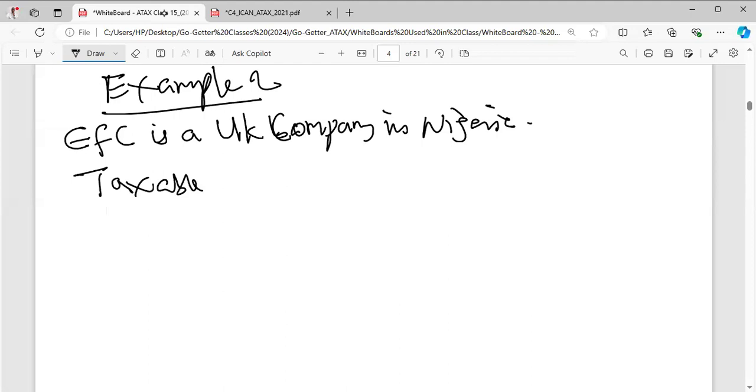Taxable income, let's say this is 1 million naira converted.